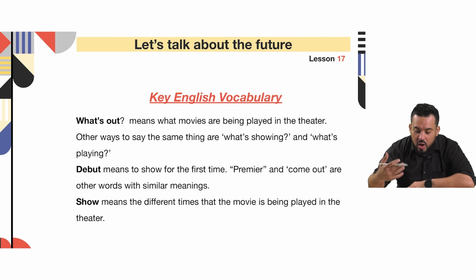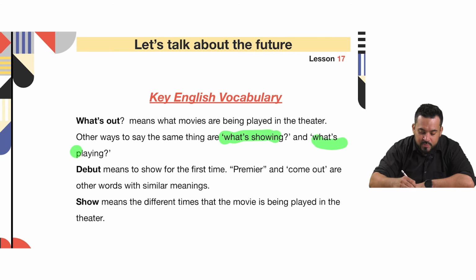This means which movies are being played in the theater at the moment. What movies are out? You say what's out, or you can also say what's showing. It means the same thing. What's showing or what's playing? What's playing? What's showing? What's out?